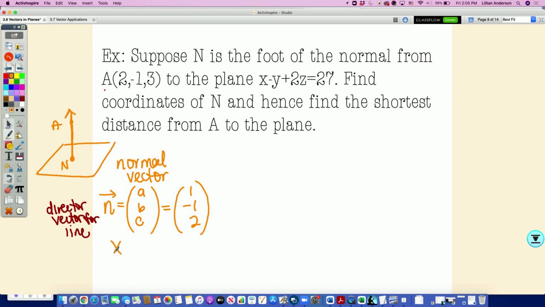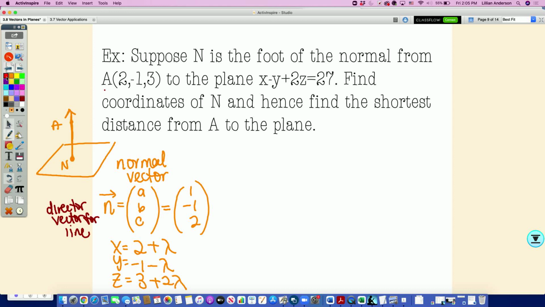So I can create my parametric equations, x, y, and z, as 2 plus lambda, -1 minus lambda, and then 3 plus 2 lambda. Again, I can use this because that normal vector tells me the direction in which this line is coming down to the plane, perpendicularly.